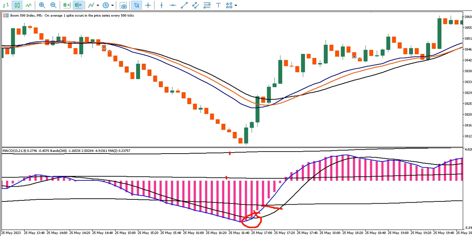So remember that from this to this is Boom 500. Which means that once you have seen this, it is coming here as a spike. So you'll be taking this spike.